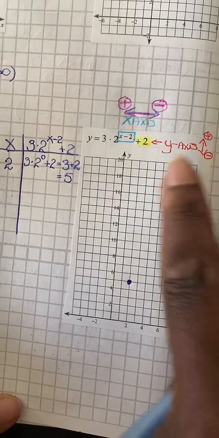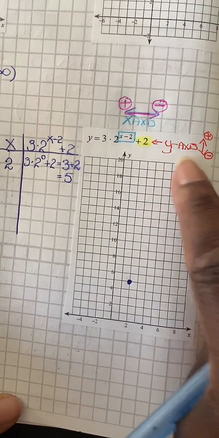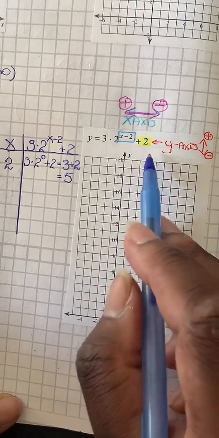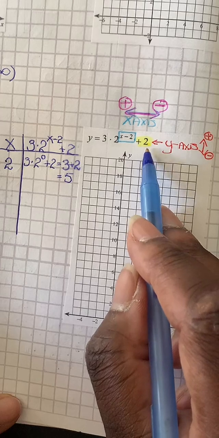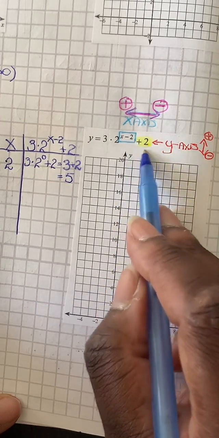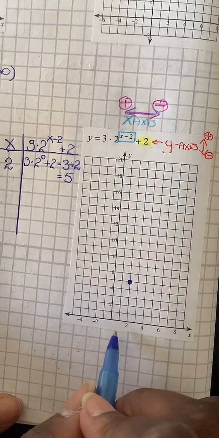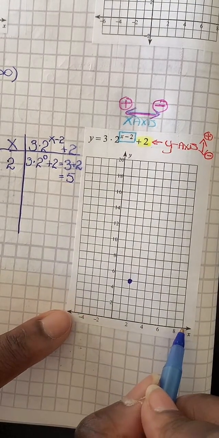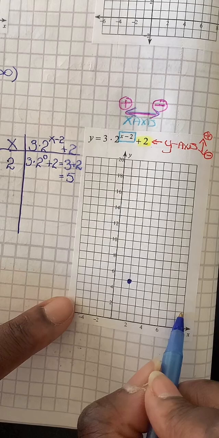Now, this is going to be my asymptote. When you have your constant, that is going to be your asymptote. So now, because we moved the graph from the x-axis, we moved it up 2.